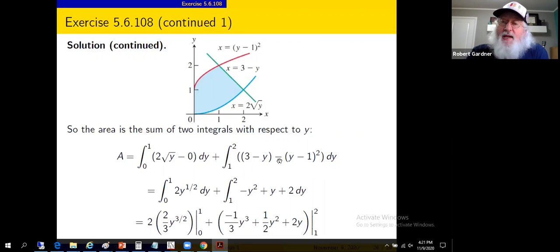So with a negative sign, we get a negative y squared. We had minus 2y with a negative sign in there. That'll give us a plus 2y. We'll subtract this y from it, leaving us with a single y. We had a plus 1. The negative sign, we'll change that to a minus 1. It'll get together with this 3 to leave us with 2. So simplify. That produces this integrand.